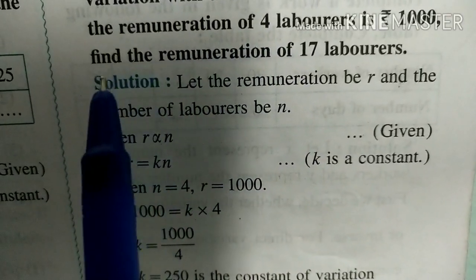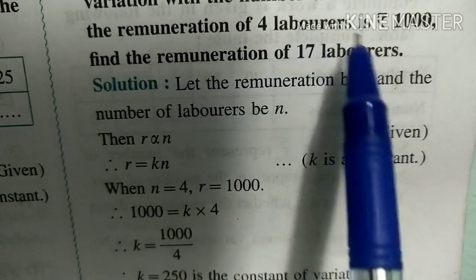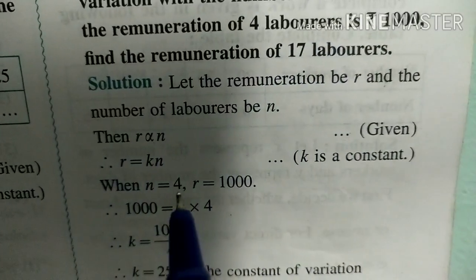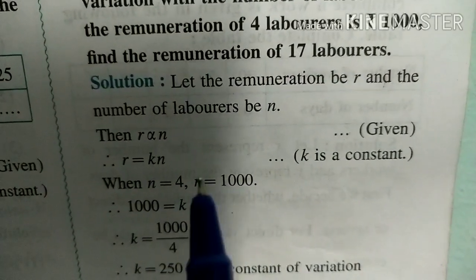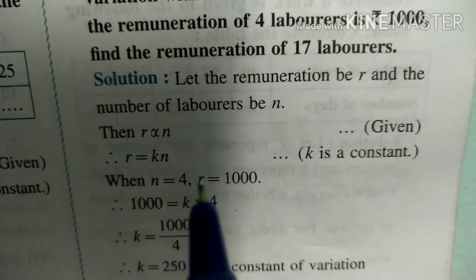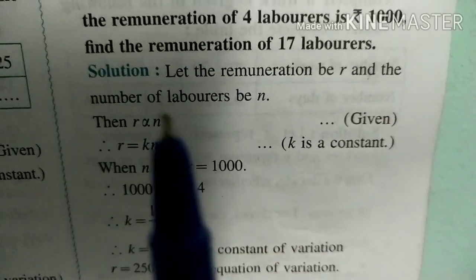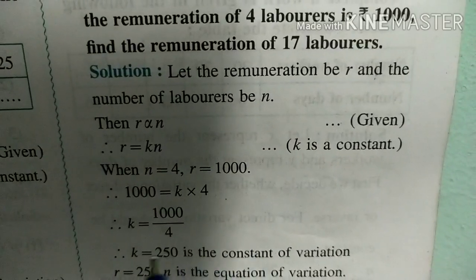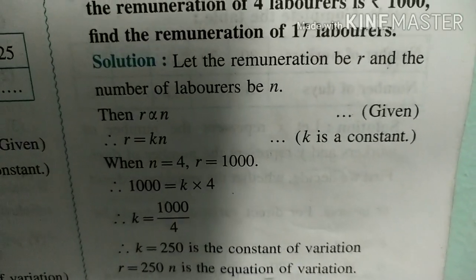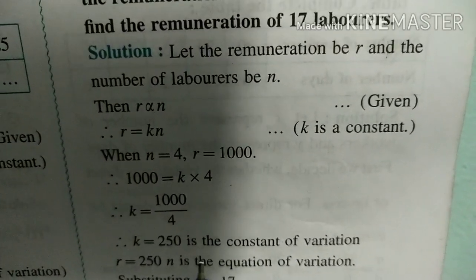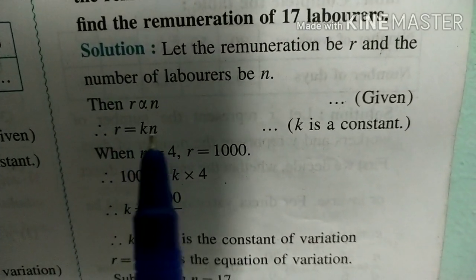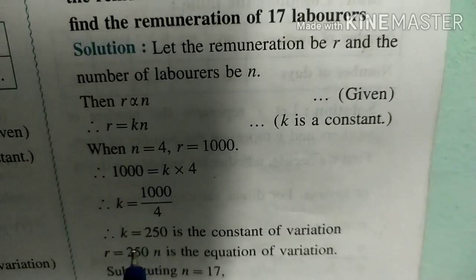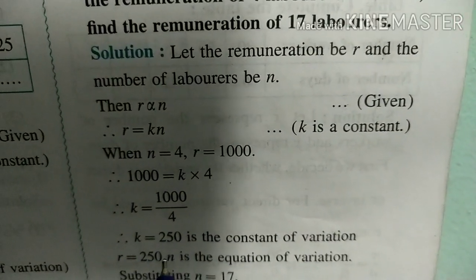Now, they have told to find the remuneration of 17 laborers. So, only N will be changing. N will be changing, R will also change, but because it is the same sum, your k will not be changing. So, this is the equation of variation we will be using. R is equal to kN. In place of k, I am substituting k's value, that is 250N.